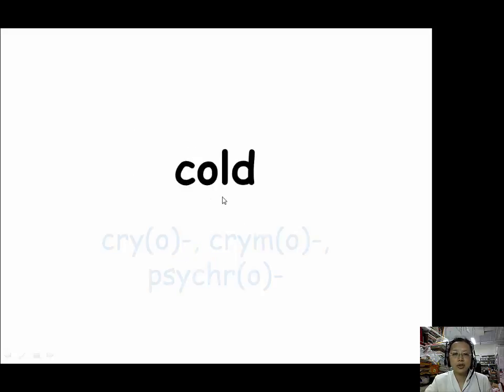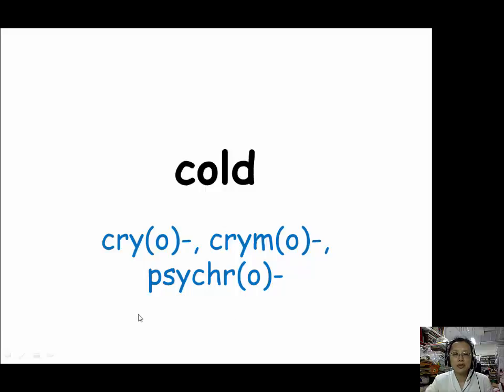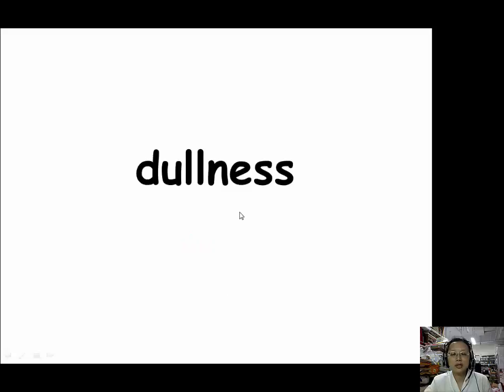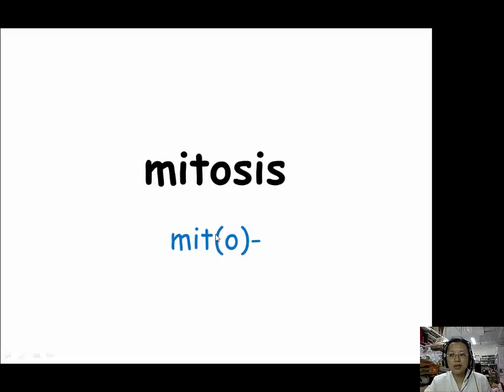And for cold, we use one of these three prefixes: cryo, crymo, or psychro. For dry, we use this prefix xero. For dullness, we use this prefix ambly. For mitosis, we use this prefix mito.